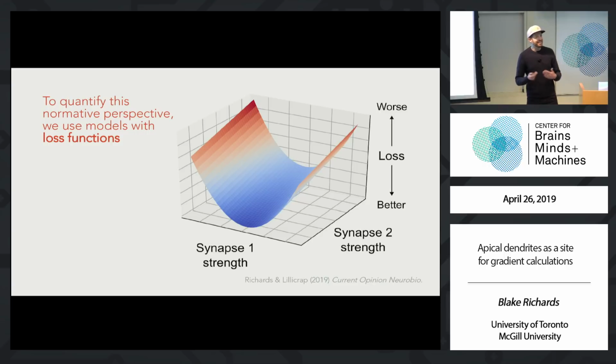So for each setting of your synaptic connections, so here we have a two synapse network and different weights on those synapses, you're going to be better or worse at some task. And the loss function measures how bad you are. So your goal in learning then is to find a setting of your synaptic weights that minimizes your loss function. And that is just how we define learning, how we get at it in a quantitative manner.